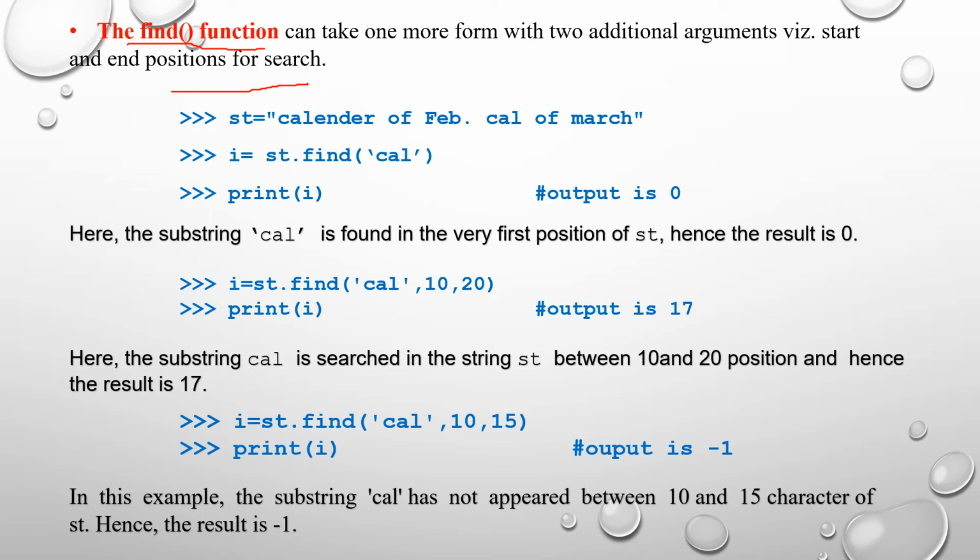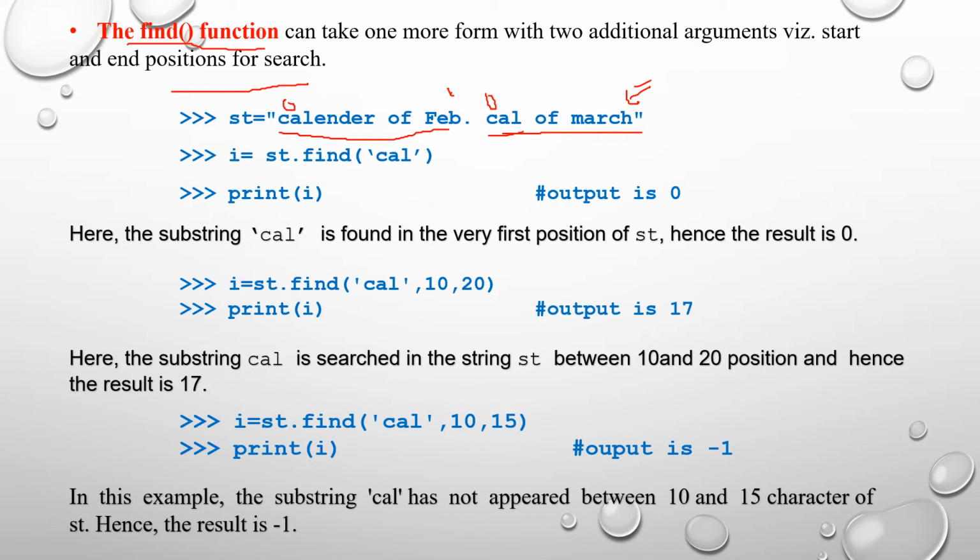Here we declare one more variable i is equal to st.find of cal. So cal is available here. This is the first sentence and this is the second sentence, each with its own indexing starting from 0.